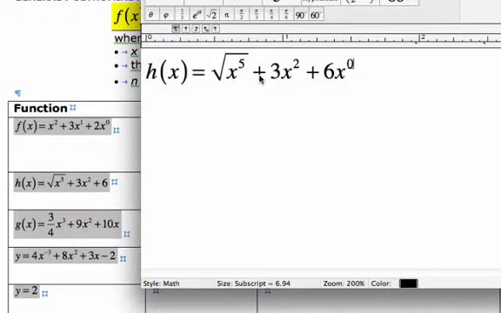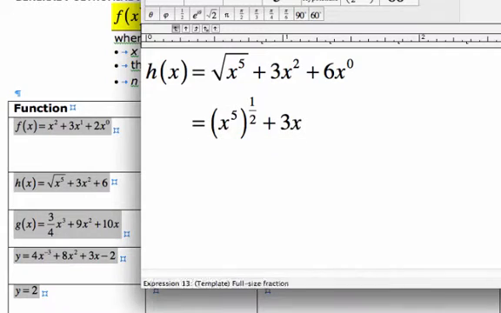This first term though is what causes us problems. Whenever you have a square root or a radical in front, you need to think back to what we did in Math 20-1 and realize that radicals are actually a type of exponent as well. So this first term can be expressed as x to the 5th, and instead of writing the square root, it is the fractional exponent of 1/2.